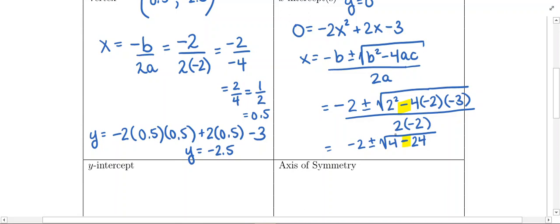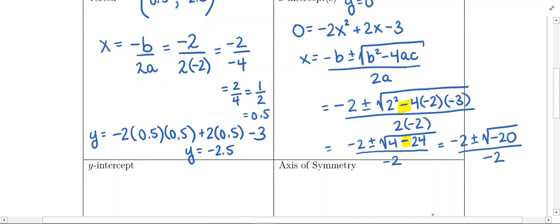So underneath the square root, you have 4 minus 24. In the denominator, you have negative 2. In the numerator, you're going to have negative 2 plus or minus the square root of 4 minus 24, which is negative 20. You'll still have negative 2 in the bottom.